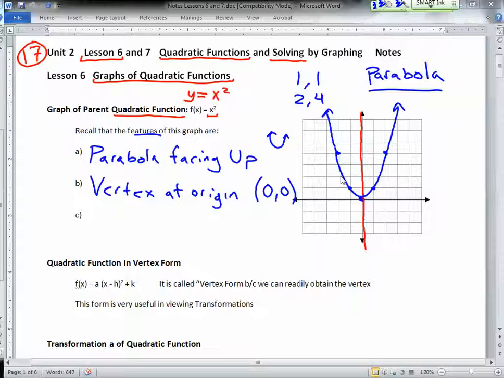And the axis of symmetry is the line x equals 0.